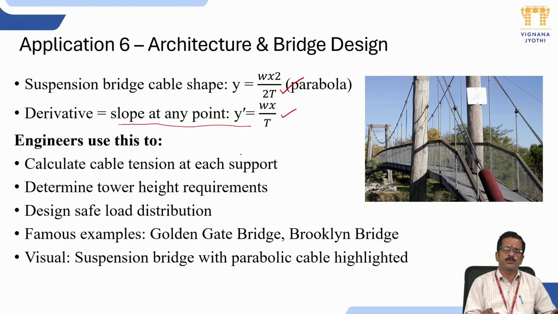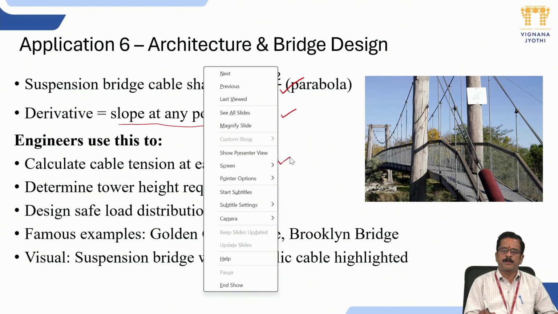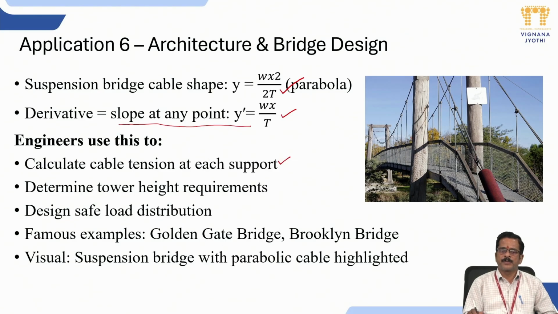Engineers use this to calculate cable tension at each support. This is the suspension bridge, I have given the picture here. There the cables are tied, so the tension of the cables will be calculated so that the suspension bridge is balanced equally. They determine tower height requirements and design safe load distribution.